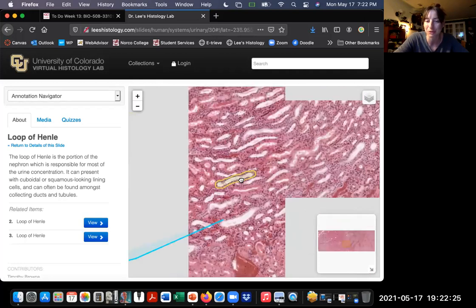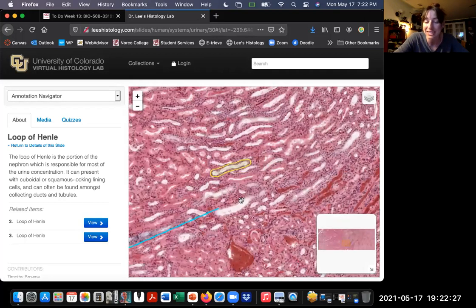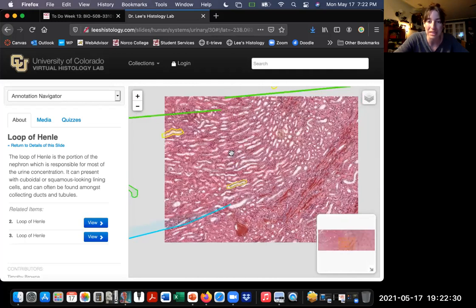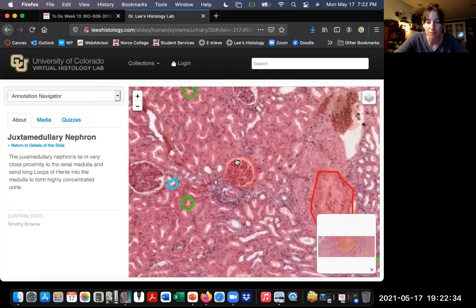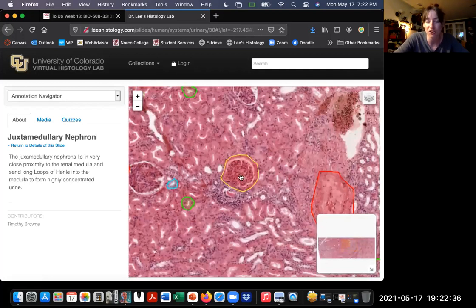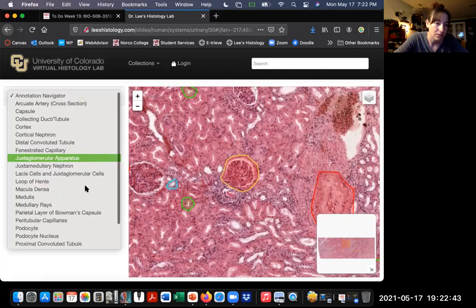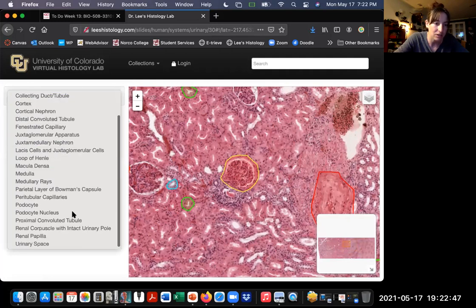I will not ask you to identify that visually, but I would like you to be able to identify a portion of the nephron, a glomerulus. Can we just get a glomerulus? Is that too simplified? That's okay.